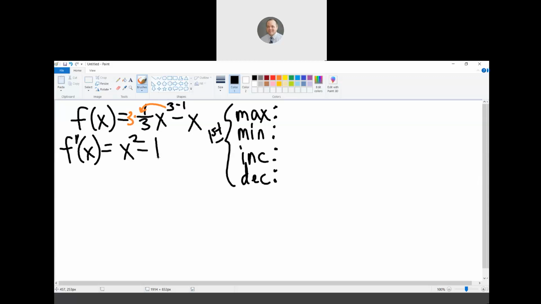The next step is to find our critical value or values. So we set our derivative equal to 0 and solve for x. You can take the square root of both sides.